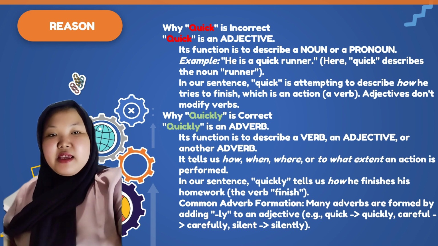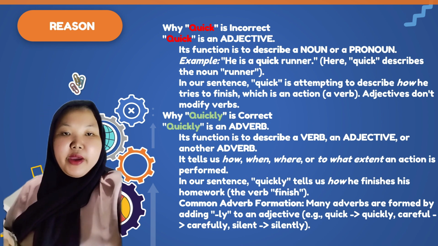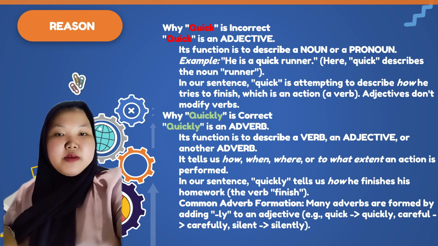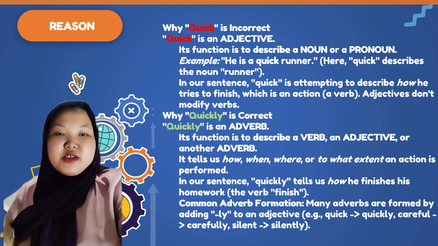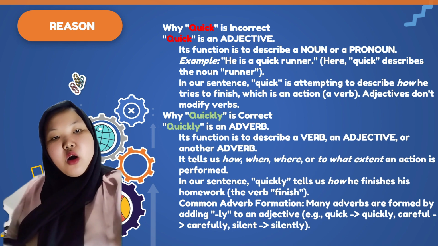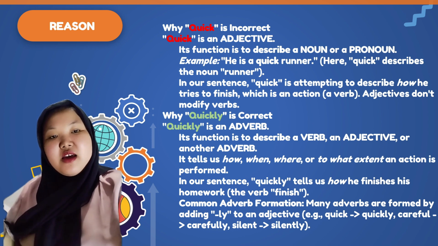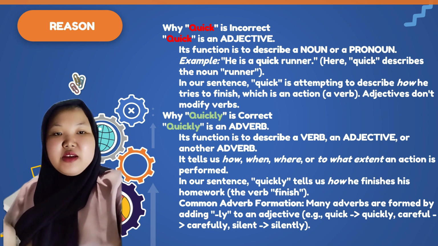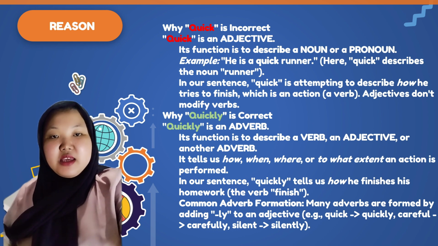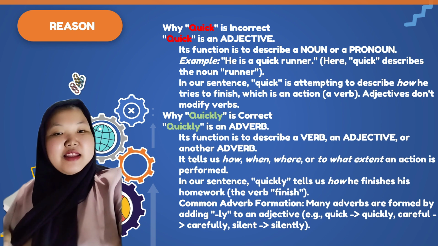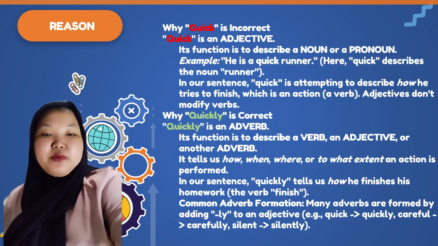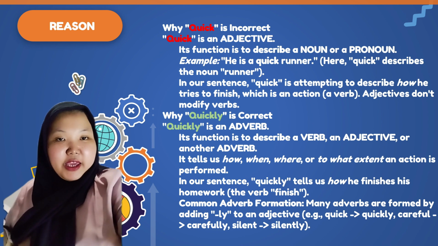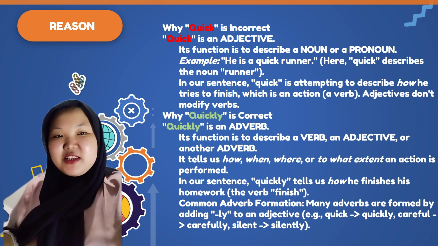They tell us how, when, where, or to what extent something happens. In our sentence, quickly describes how he finishes his homework. It tells us the manner of the action, that he does it in a fast way. So the correct sentence becomes: he always tries to finish his homework quickly.